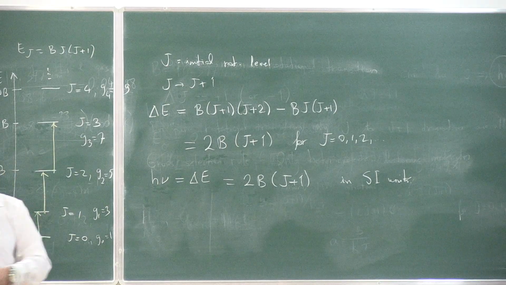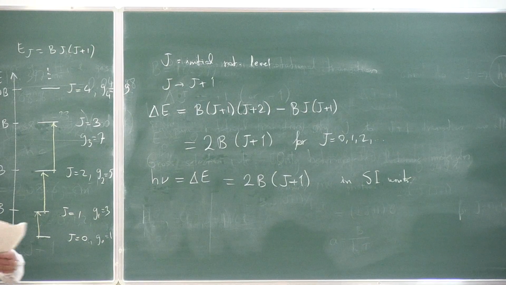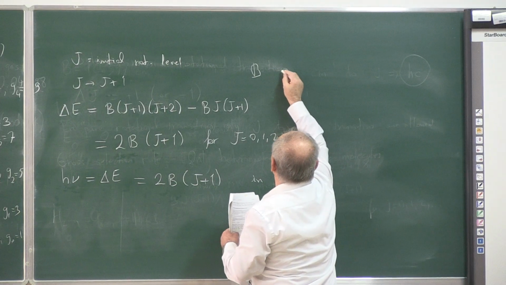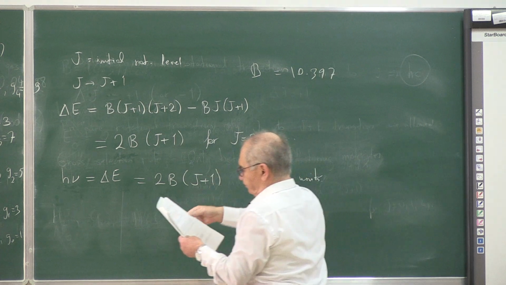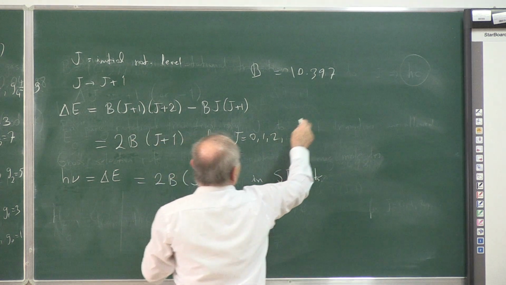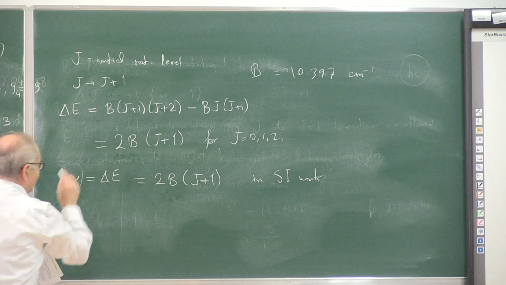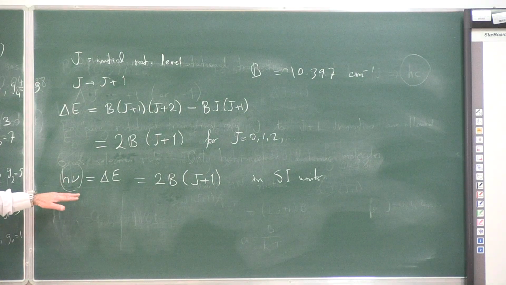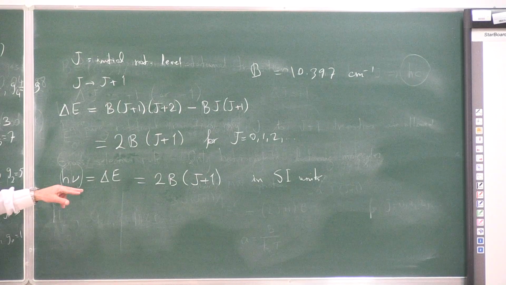However, what was B? It was simple, 10 point something, in wave number units. So if you express this in wave number units, what is the conversion factor from joule into wave number?